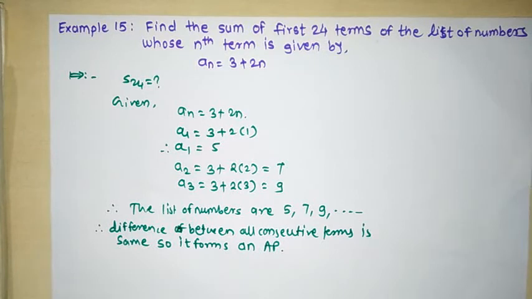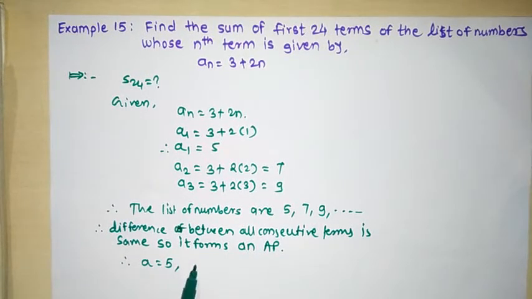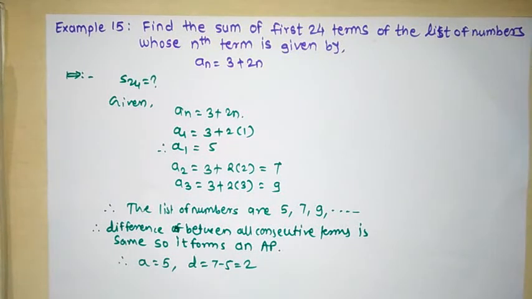Therefore the first term a is equal to 5 and the common difference d is equal to 7 minus 5, which is equal to 2.